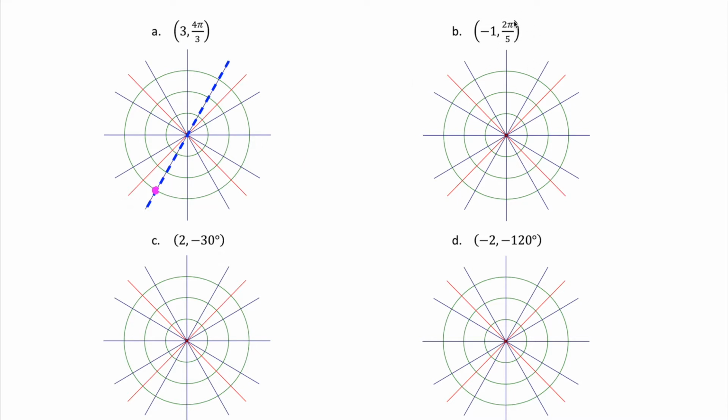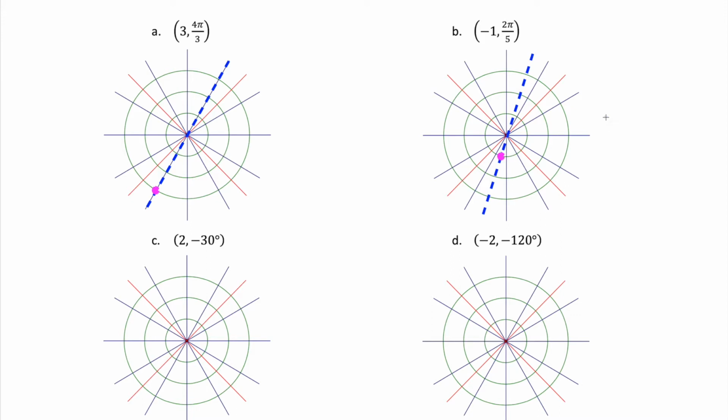Come over here, same idea. 2 pi over 5, not a nice number to work with. I know that right here is 2.5 pi over 5 because this would be pi over 2. So just take half of 5, and I know that that's what's going to be here. So I'm going to approximate it as somewhere close to that, so like right there-ish. And here's where it's important. I would label over here 2 pi over 5, and then because it's negative 1, I go in the opposite direction.